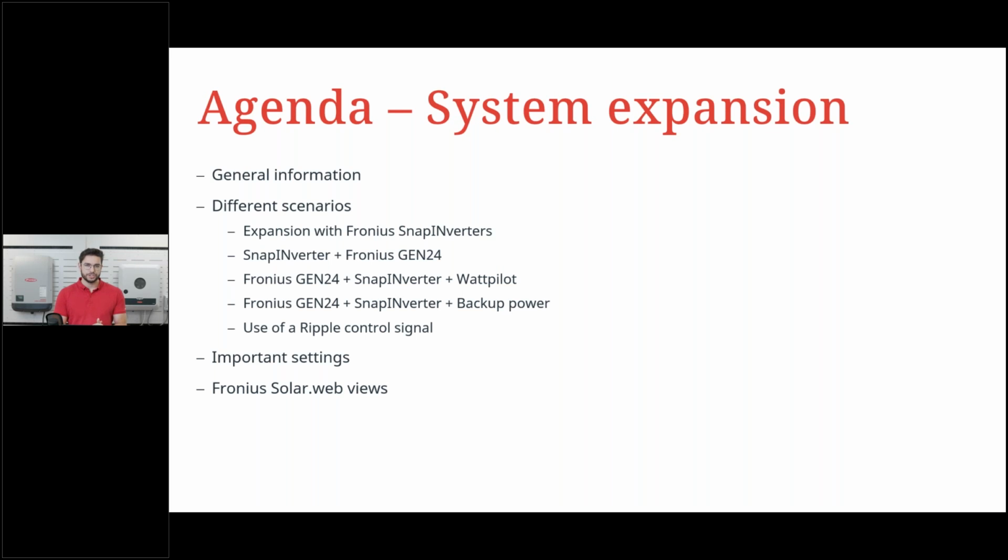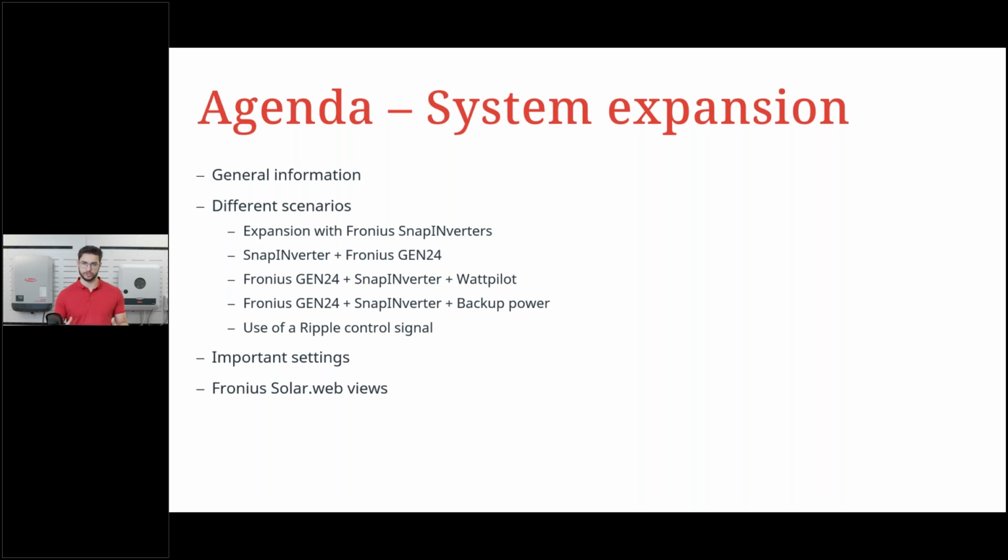On the agenda today, we have some general information that you need to know when it comes to system extension, system expansion, then some different scenarios. For example, two SnapInverters, a Snappy and a Gen24, and a Gen24 SnapInverter Wattpilot coverage, and of course some backup power solutions.